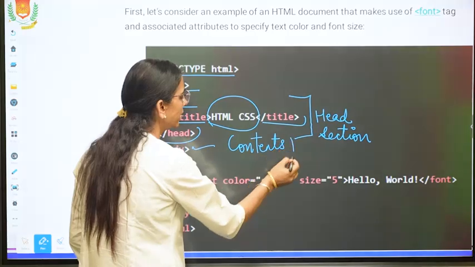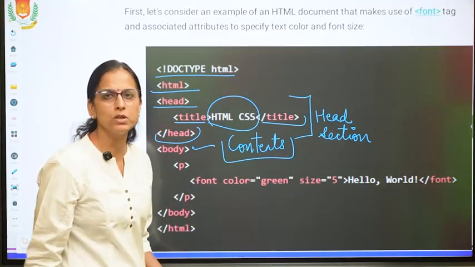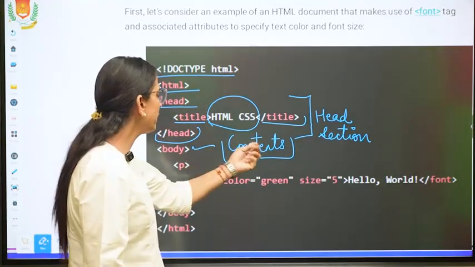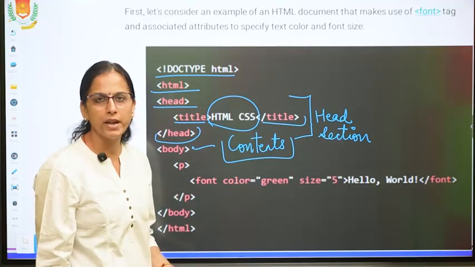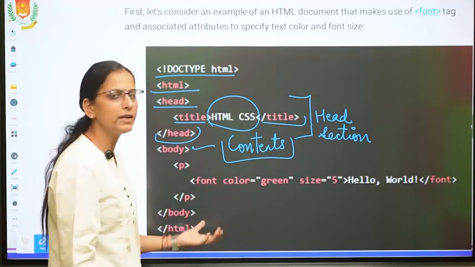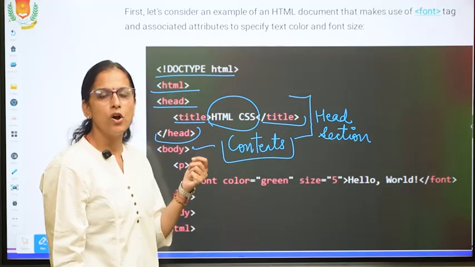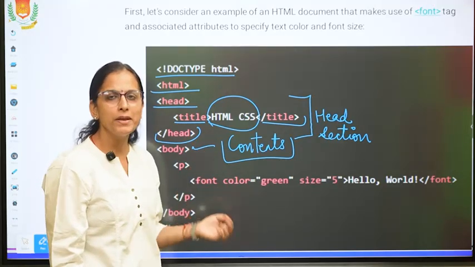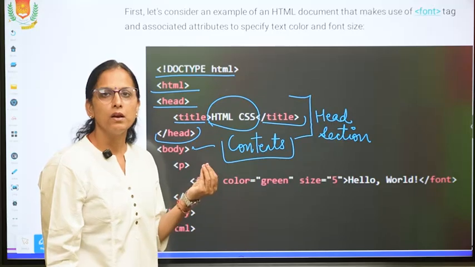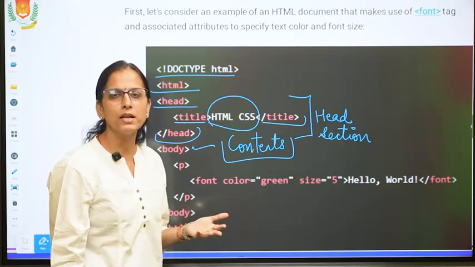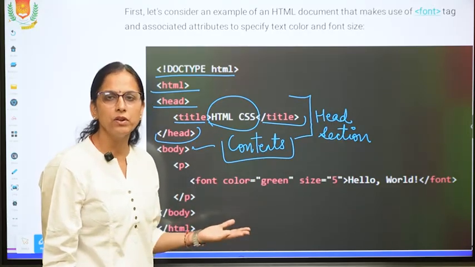Whatever is to be displayed in the browser's window should be written after the body tag. So your body tag contains all the information, all the contents: images, text, pictures, videos, everything, different kinds of lists.